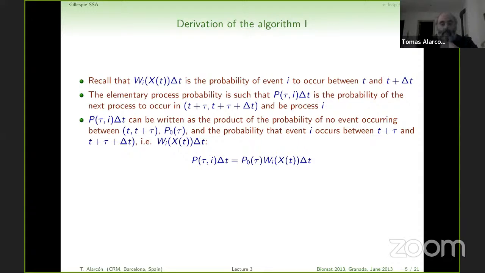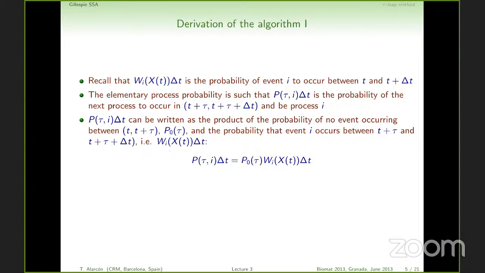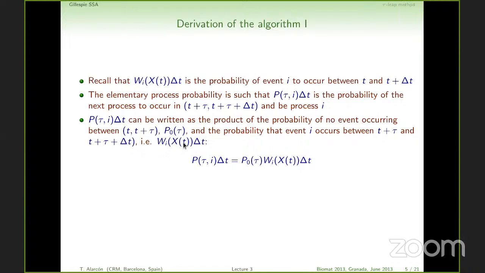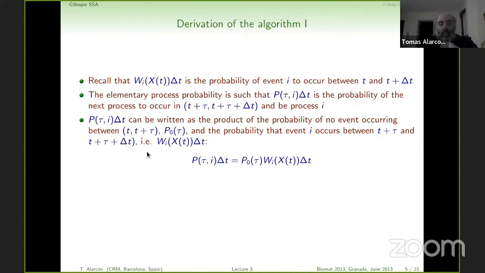No complaints? Nobody sees anything strange here? Is tau, so it's just in the period tau, it's not related to the time t, isn't it? Yes, that's exactly right, very well, Stefanella. But the point is that we are conditioning on nothing happening in this time interval.